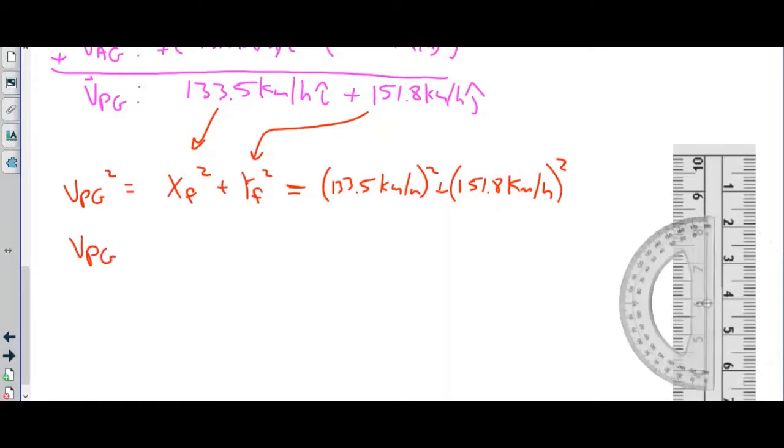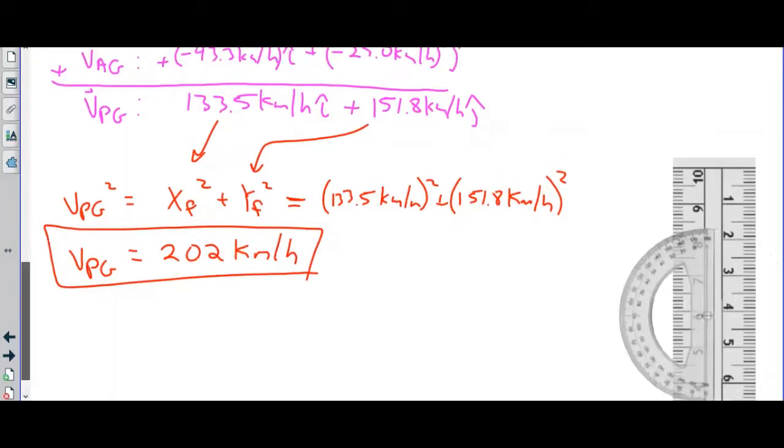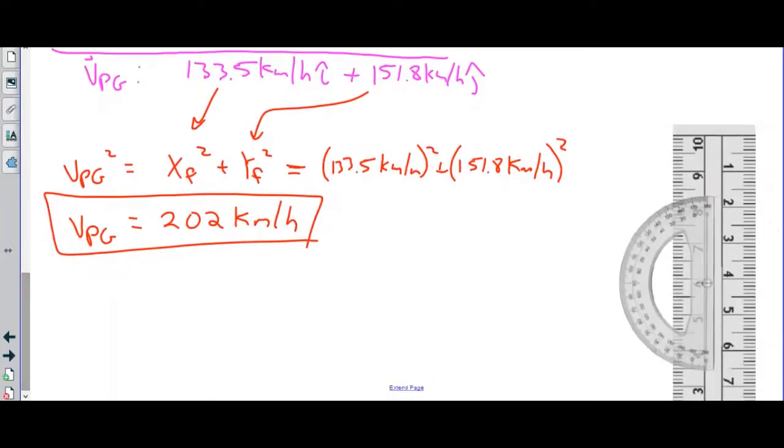I'm not going to show that step. And you should get approximately 202. I'm going to default that down to 3 significant figures. So that is the magnitude of that magenta resultant vector. If you drew it to scale, you'd probably find it to be 4 centimeters long, if you followed the scale of every 1 centimeter being 50 kilometers per hour.